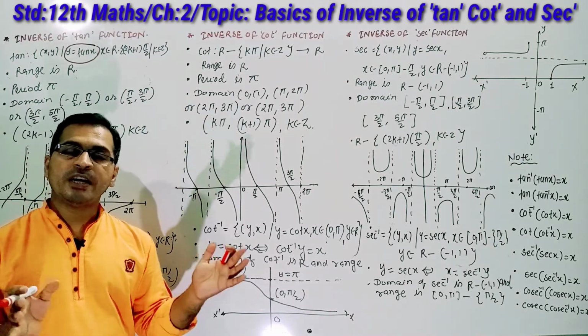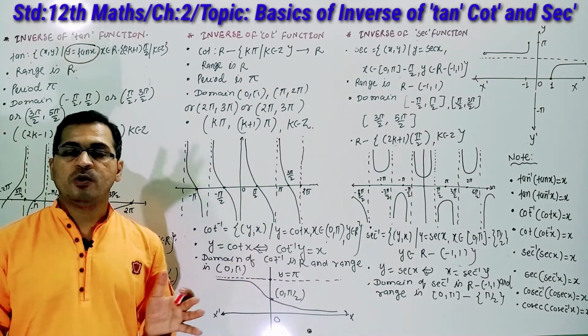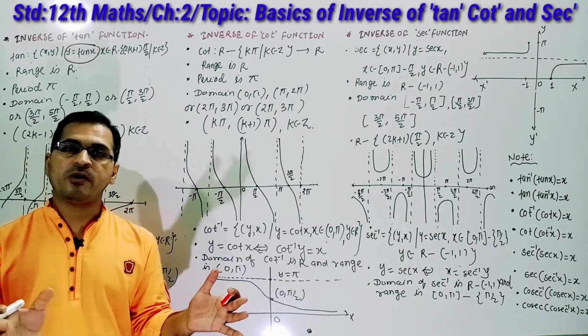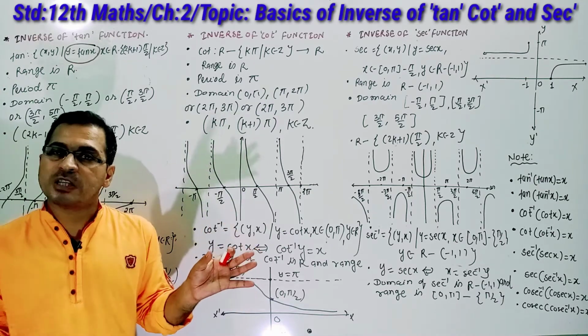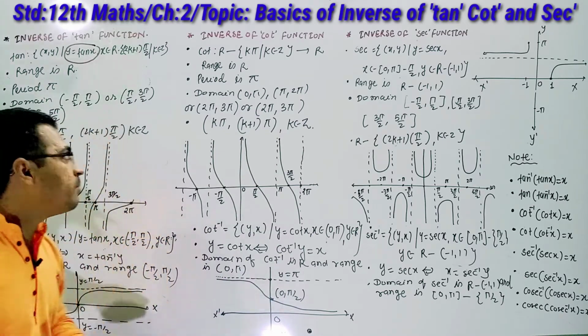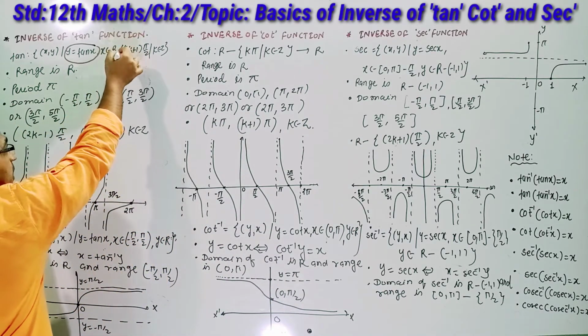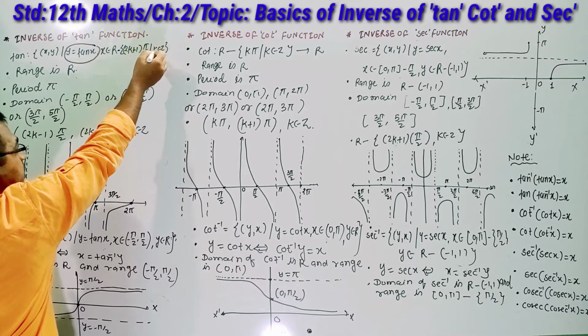All the positive and negative counting numbers including 0, but not infinity, neither positive nor negative infinity. All the numbers lying between positive infinity and negative infinity are real numbers. So x always belongs to the real numbers, except where it equals (2k plus 1) pi by 2.